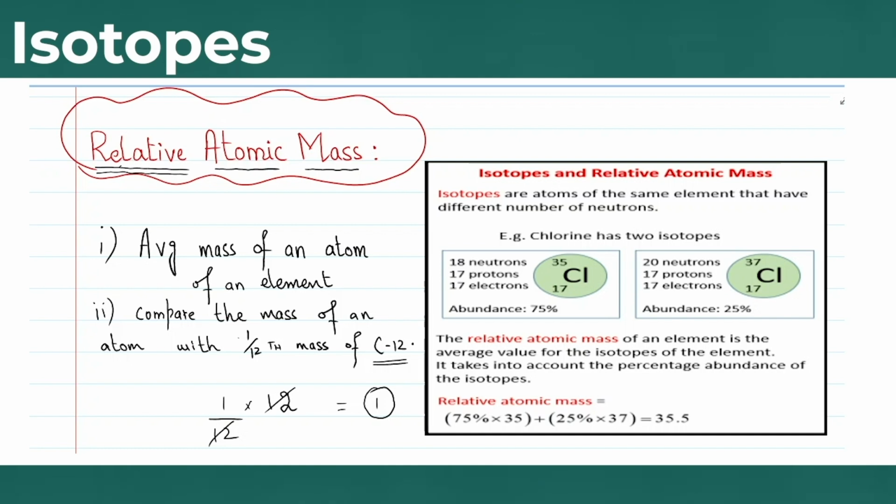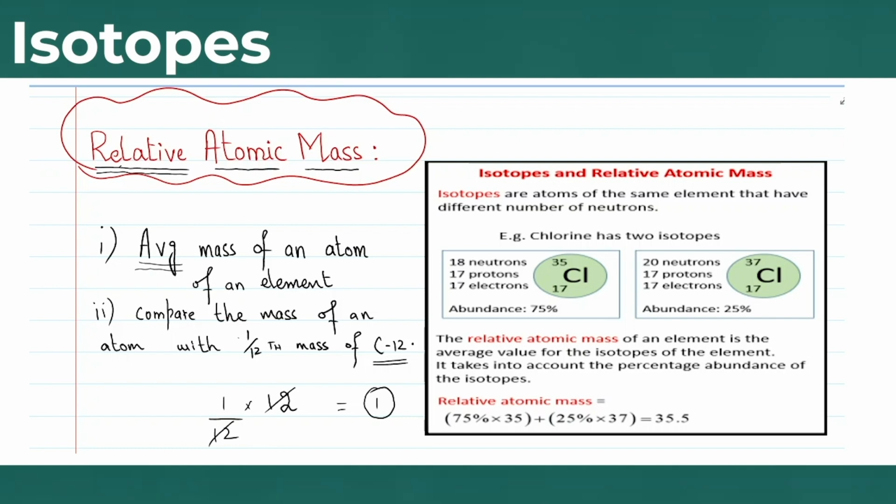We discussed that chlorine has 2 isotopes, chlorine 35 and chlorine 37. So now we have to understand which atom is more abundant in this universe. Which one exists more in this world? Okay? So that is called relative abundance. So this average is actually calculated by using the relative abundances.